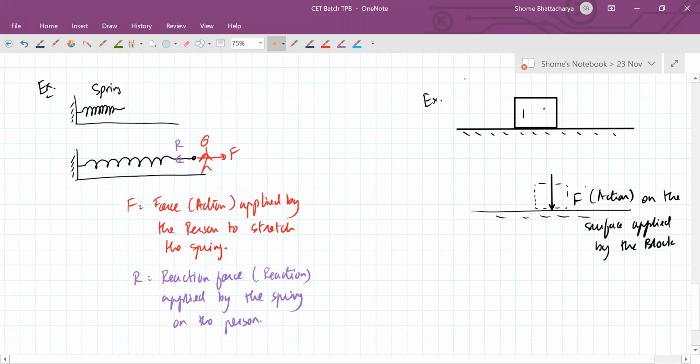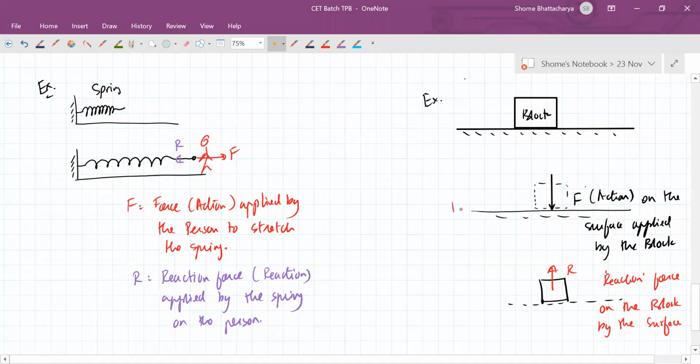Okay. But similarly, the block itself, because of the action of the floor below, experiences an equal and opposite force upwards. So this is the reaction force on the block by the surface.